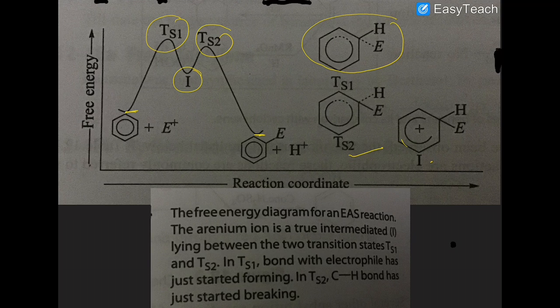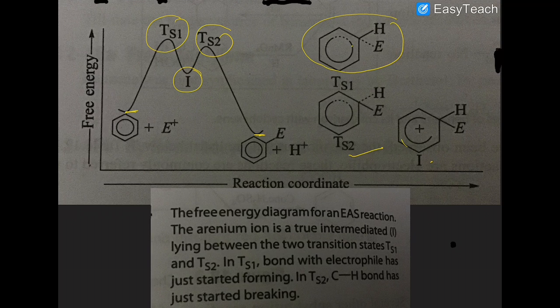So TS1 is when the electrophile bond is just forming with the carbon. And what is TS2? When the hydrogen bond is just broken and it is leaving the benzene. So TS1 involves the partial formation of the electrophile-carbon bond and complete retention of the hydrogen.